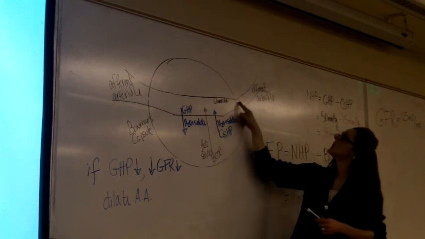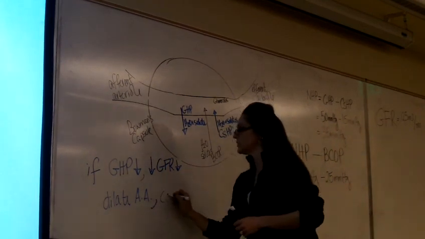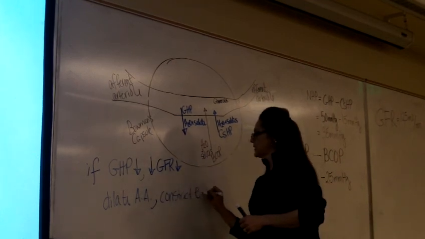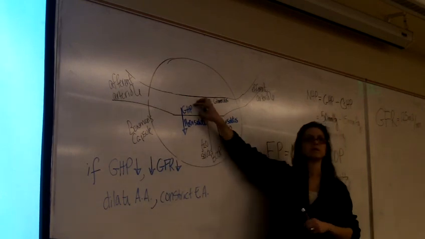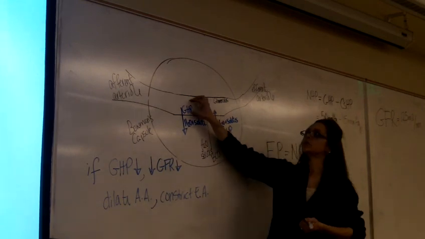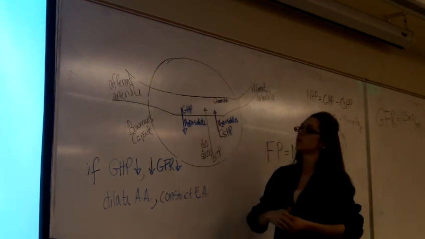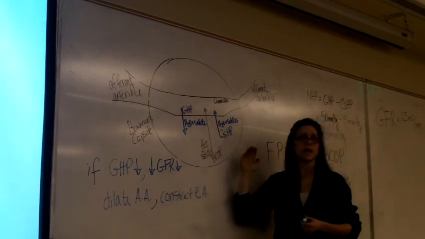Now, what would we want to do to the efferent arteriole? We want to constrict that. Constrict the efferent. So if the pressure in the glomerulus starts to drop, which puts us at risk for decreasing our glomerular filtration rate, then we can have either or of these things happening.